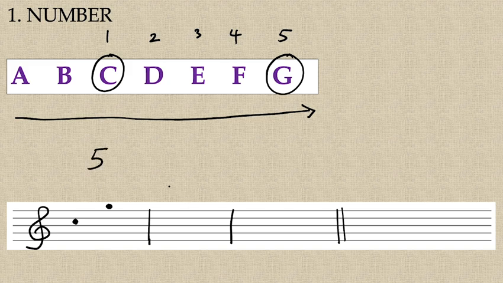All of the intervals from C to G, from C flat to G, C flat to G sharp, regardless of the accidentals, are all a 5th.